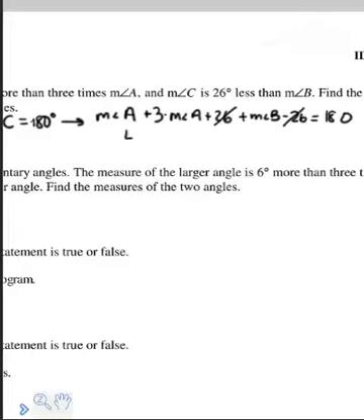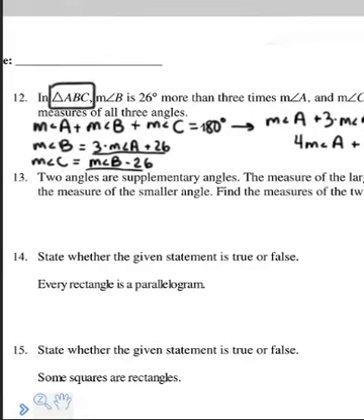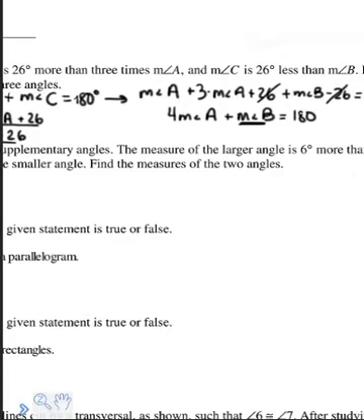So we've got 4 measures of angle A plus measure of angle B is equal to 180. Now I'm going to replace the measure of angle B again with this substitution, 3 times the measure of angle A plus 26. So 4 times the measure of angle A plus 3 measure angle A plus 26 equals 180.